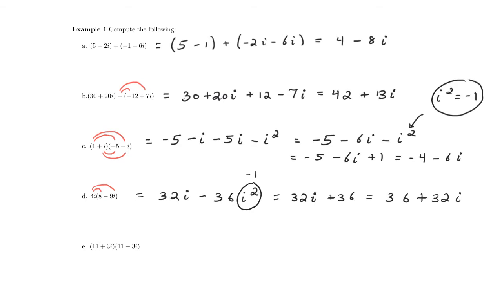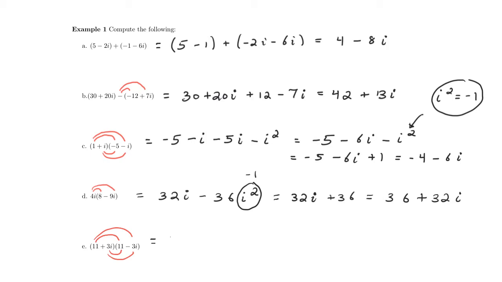And again, just another multiplication on this very last part here. Let's see. This is kind of similar looking. Here we have an 11 plus 3i, and here we have an 11, but it's a minus 3i. This actually will cause something different to happen in this example. So, I'll start by distributing the 11, then the 3i, and see what we get.